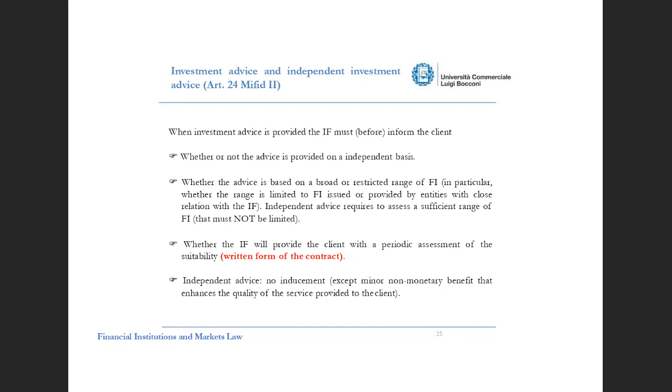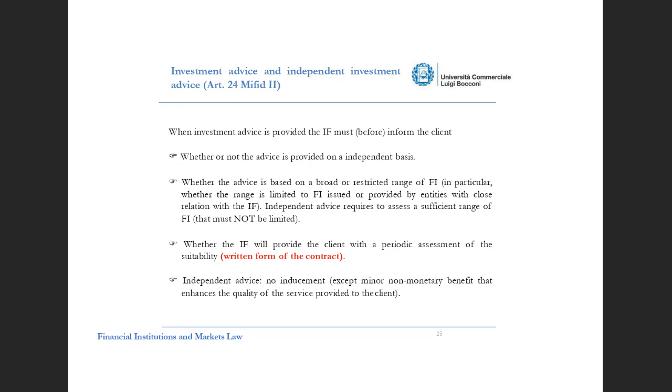Also, investment advisors must clarify whether the range of products that they are advising upon is more or less limited, such as limited to financial instruments issued or provided by entities that have a close relationship with the advisor. And independent advice, on the other side, requires the advisor to consider and assess a sufficient range of financial instruments. This is a prerequisite for an investment advisor to be effectively considered as independent.